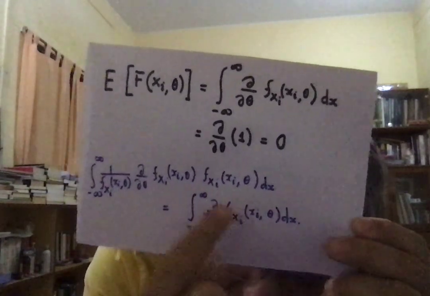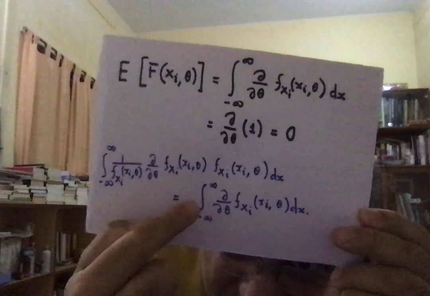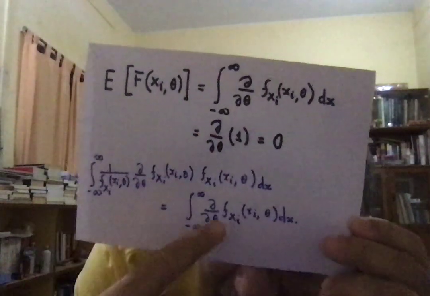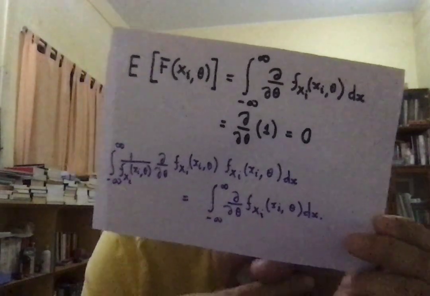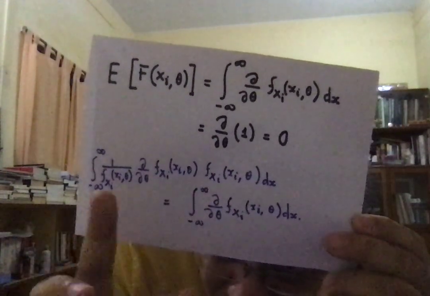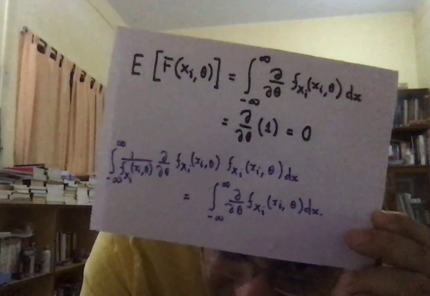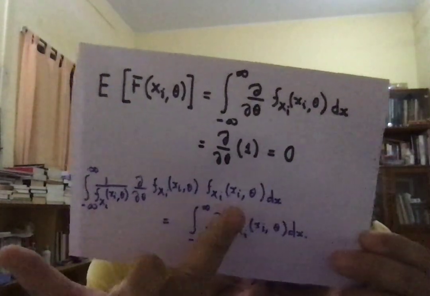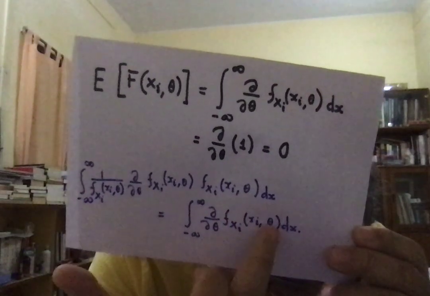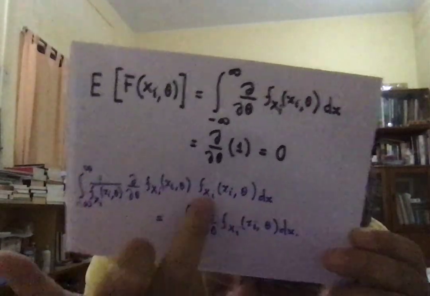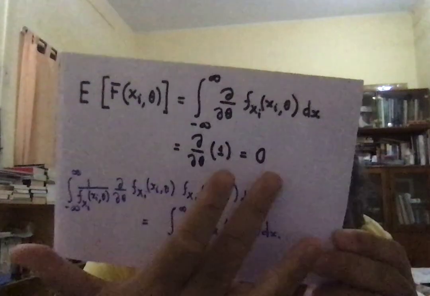Now this del theta can actually be taken out, right? Because the derivative of the integral is the integral of the derivative, so you can take this del theta out and write del theta of the integral of f(xi) dx, which is 1, the total probability. So del theta of 1, which is 0.